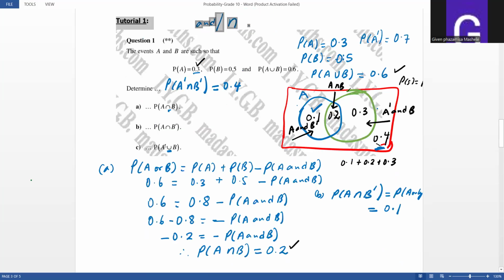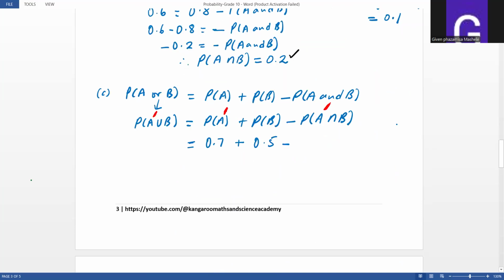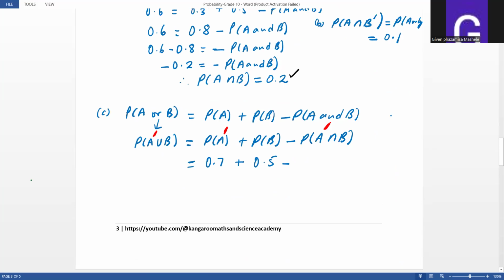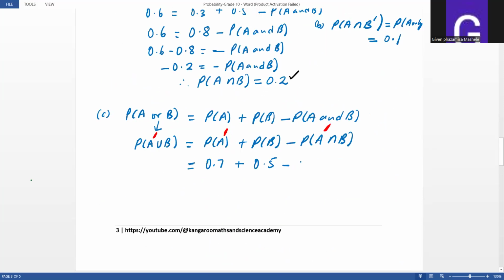Then how about the probability of not A and B? There is no A and there is B. So it's the same as B only, which is 0.3. If we add that and subtract, this will give us 0.9.